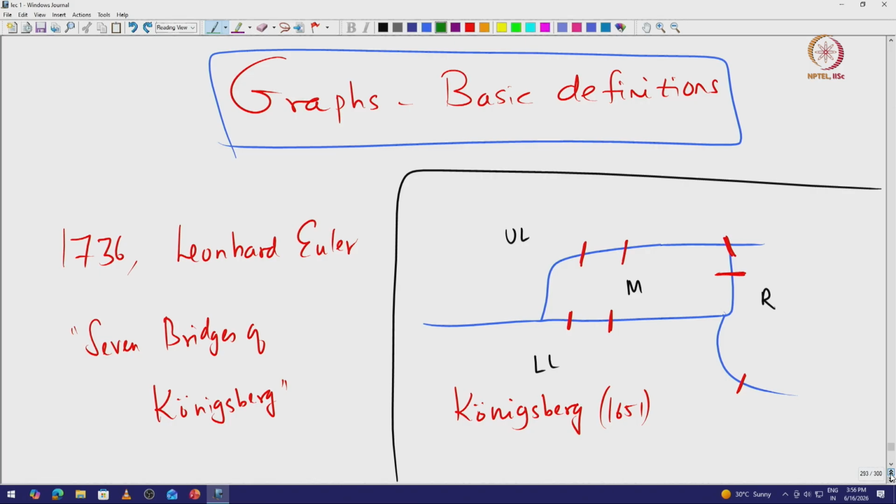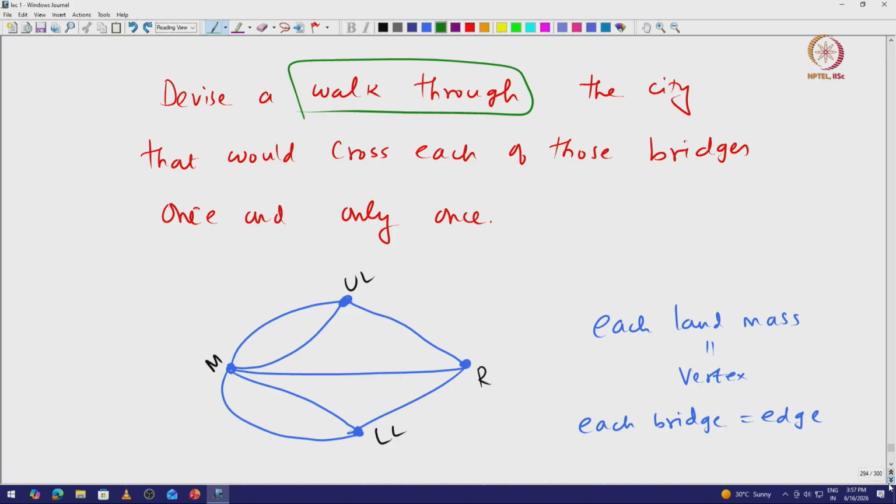All those problems can be converted into problems about graphs. Even in modern mathematics, like in machine learning and so on, graph theory is inevitable. They are all used everywhere.